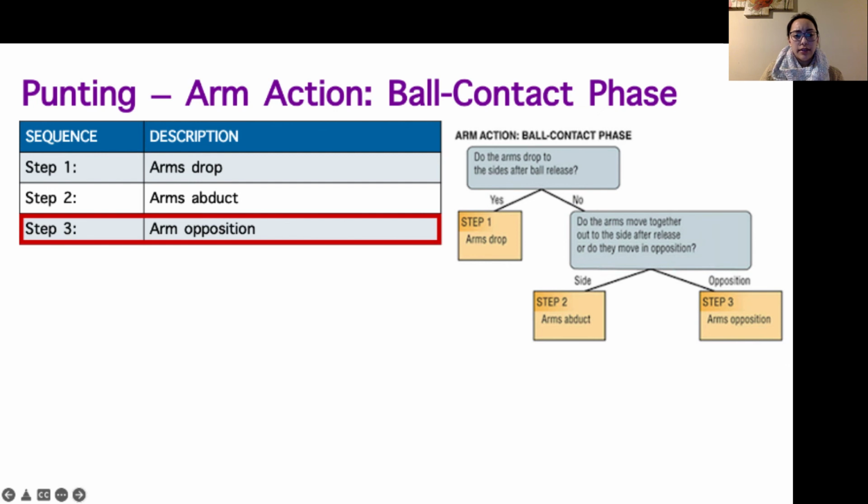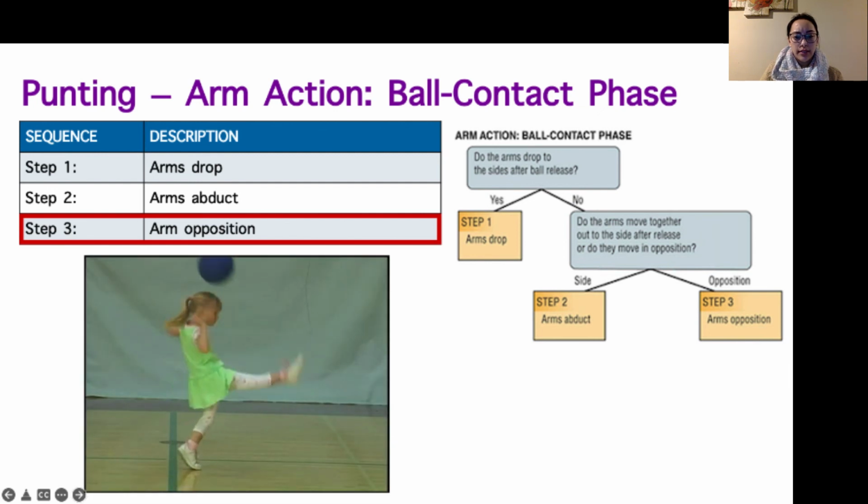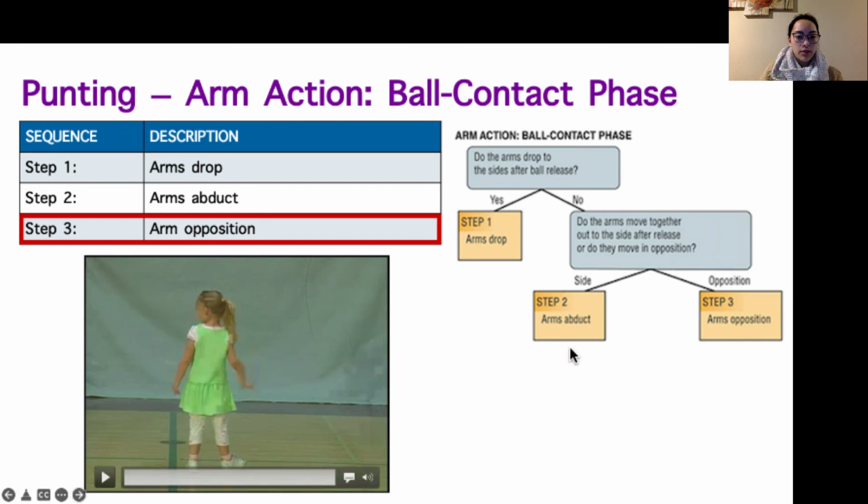So if we revisit our early punter example, I would say she probably falls under step 2. So if we go through this a little bit slower, after she releases the ball at the point of contact, we see her arms are abducted to the side.